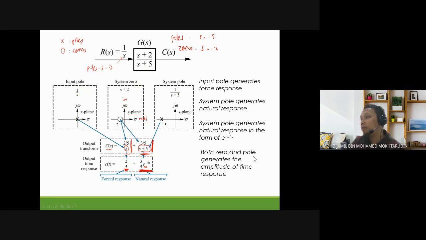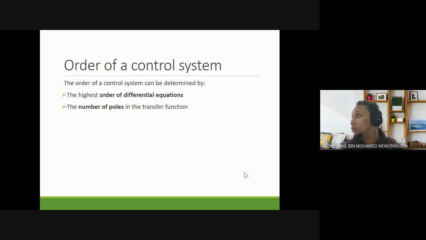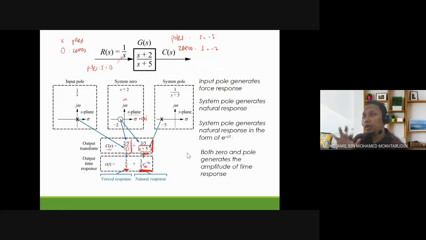Both zero and pole actually generate the amplitude of the time response, which is the 3/5 here. Okay, so that's basically the purpose of poles and zeros. I hope you get the idea of the purpose of poles and zeros.